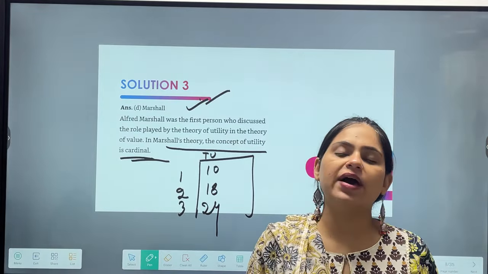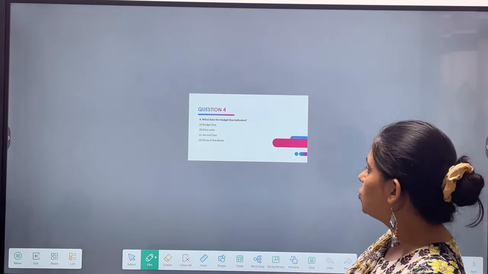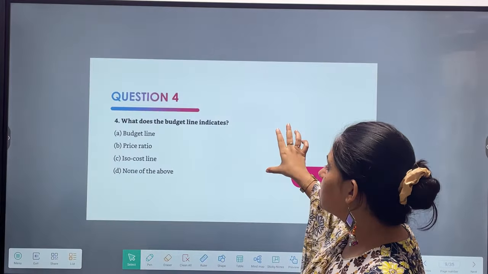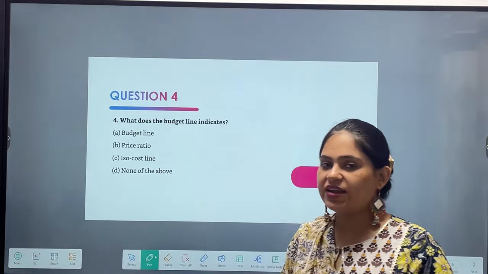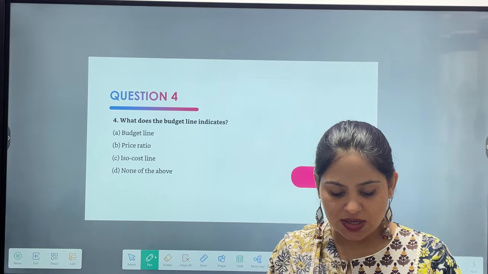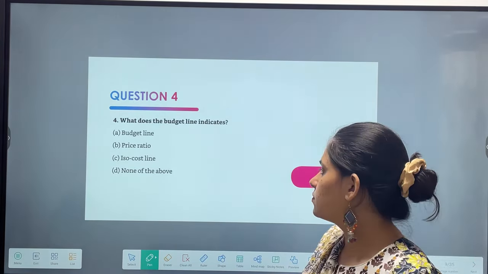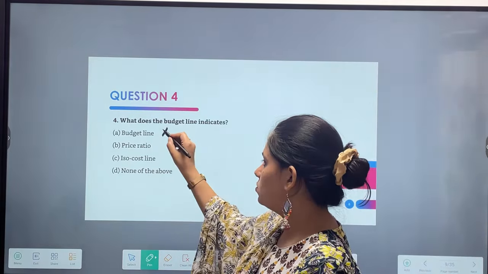Okay, come to the fourth question, a pretty easy question. What does the budget line indicate? And here I want to go ahead and ask you one more question. You answer this. Okay, what does the budget line indicate? Does it indicate the budget line? No. Does it indicate the price ratio?